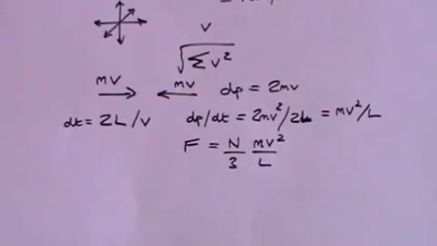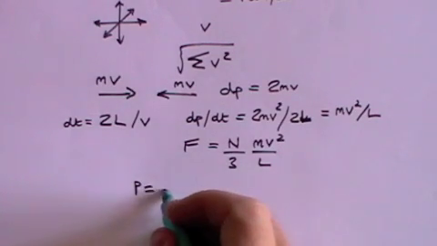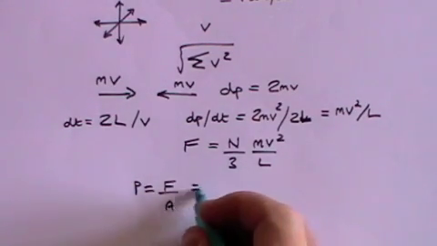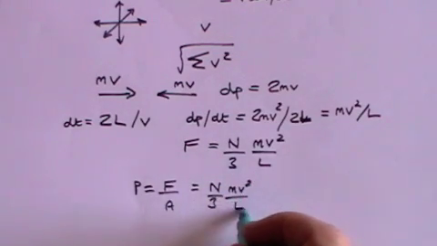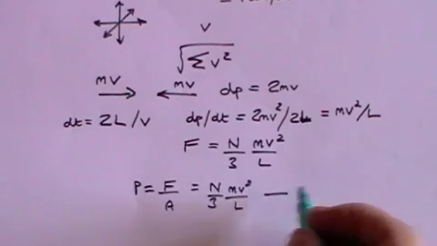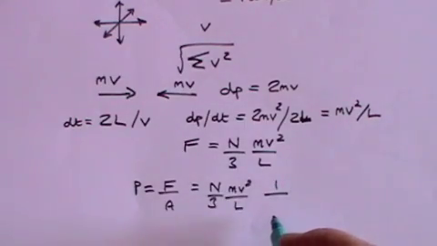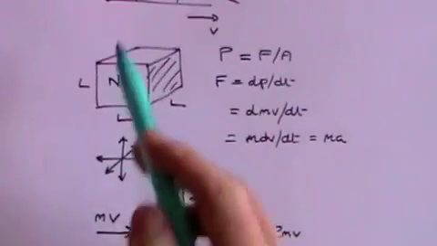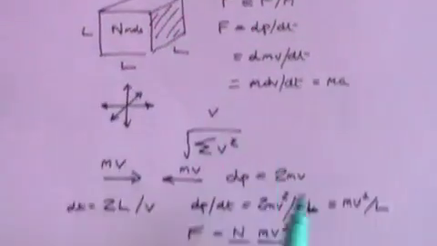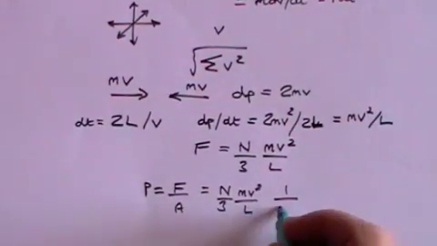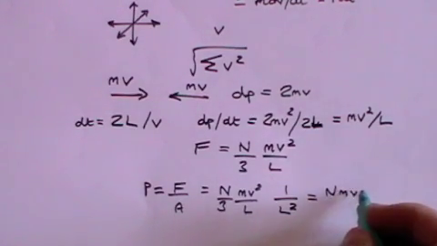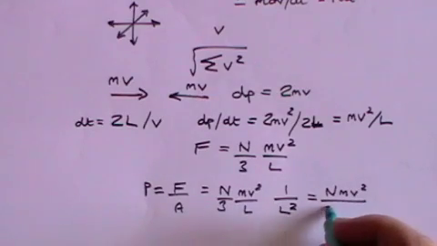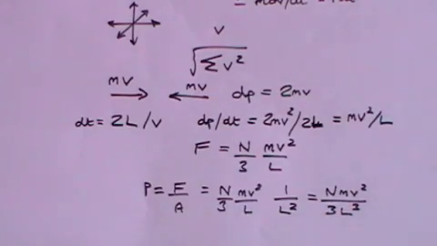But pressure is force over area. And the force we know is n over 3 mv squared over L, divided by the area. Well, what's the area? The area of this wall is L times L, L squared. And that gives you nmv squared divided by 3L cubed.